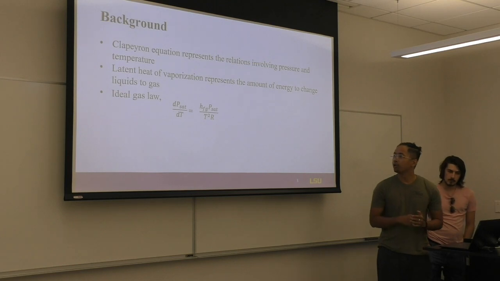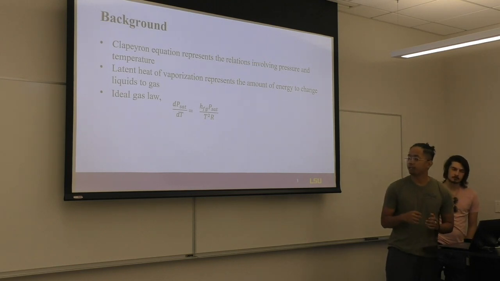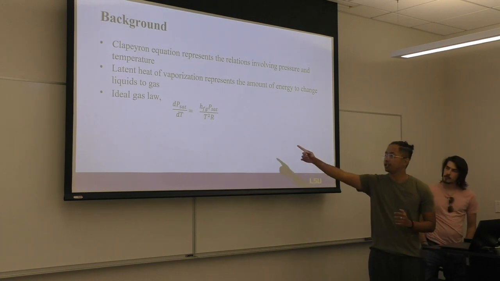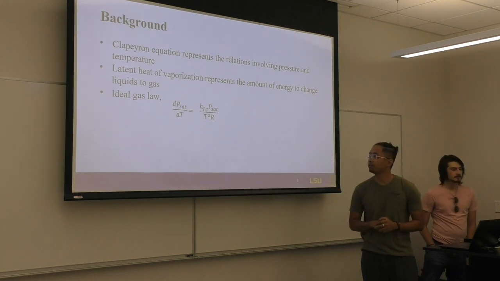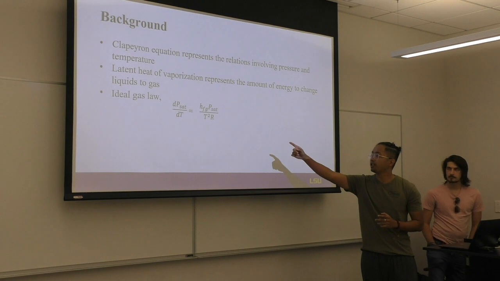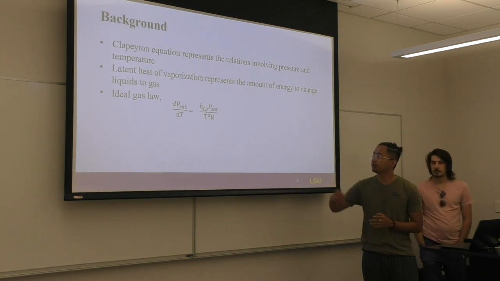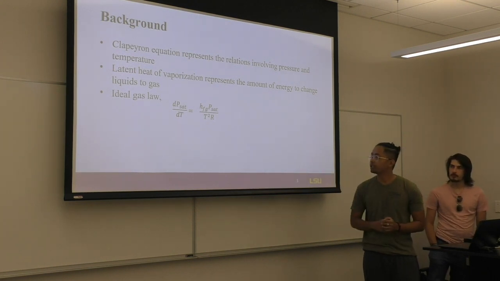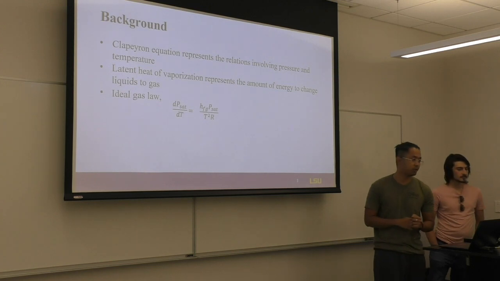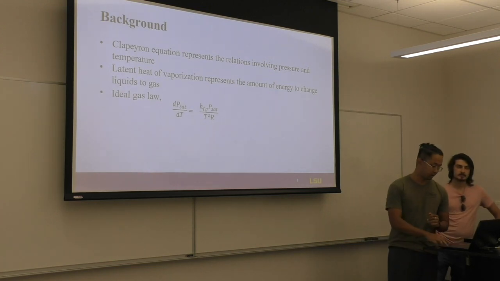We will approximate the specific volume in the ideal gas law to get the Clapeyron equation, where H is the latent heat of vaporization, P is the saturated pressure, T is temperature, and R is the ideal gas law constant.